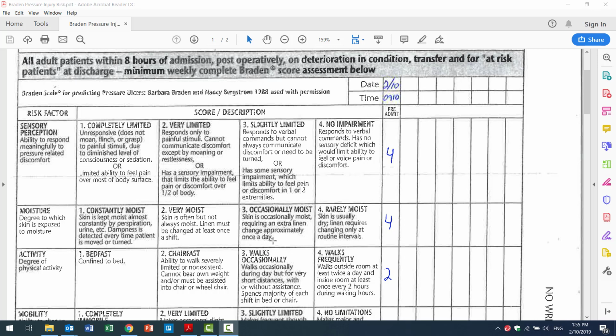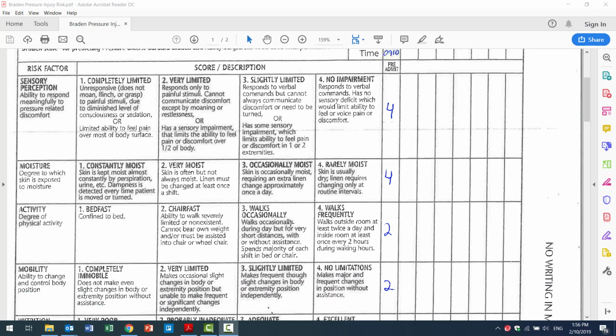So this is if the bed feels damp and you need to change the sheets. Very moist, the skin is often but not always moist. Linen must be changed at least once a shift, so that's once every 8 hours. And constantly moist. Dampness is detected every time the patient is moved or turned. So you give your scores based on if they were constantly moist, it would be a 1, but in this case it's a 4, which means rarely moist.